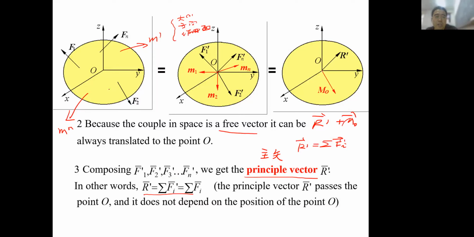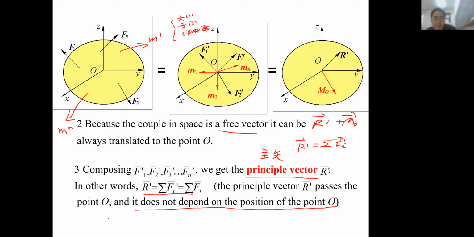We can just calculate R prime at the original position, right? That means the principal vector R prime passes through the point O, and it does not depend on the position of point O.